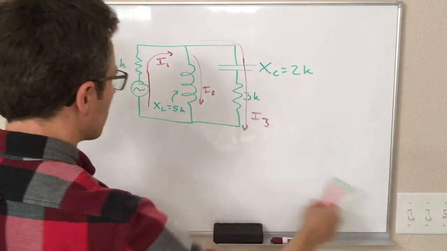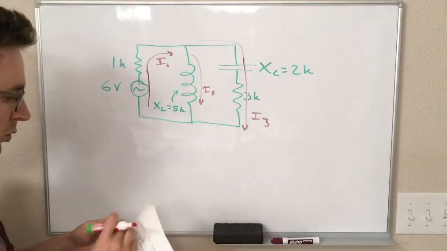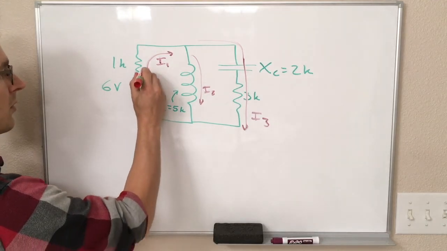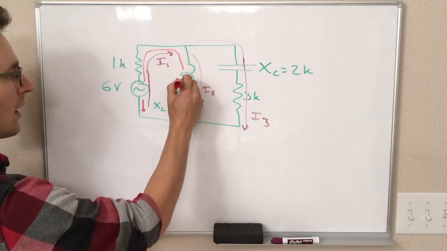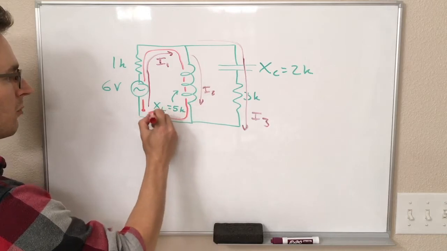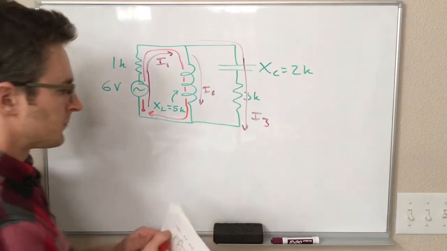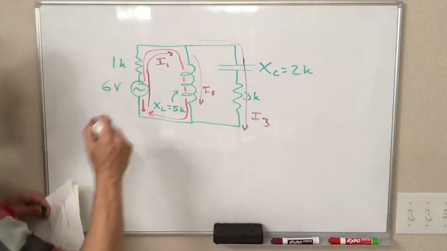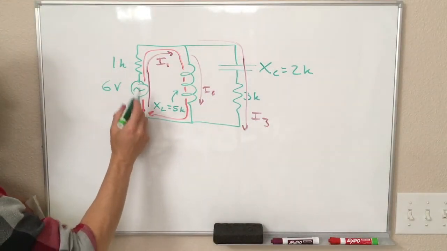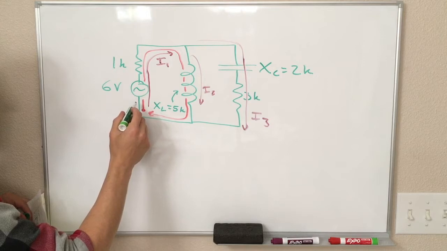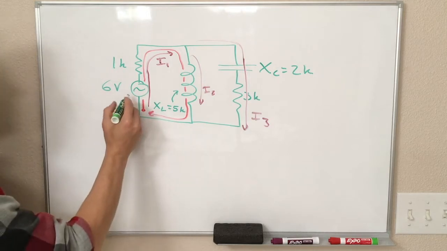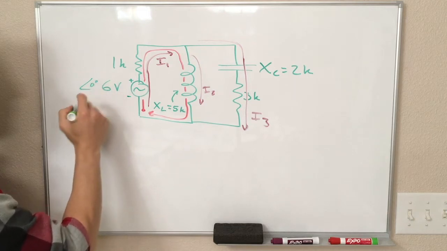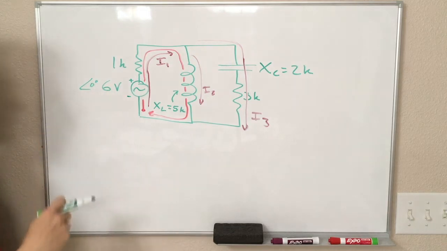So to start with, let's do our little loop around the left part of the circuit. So starting here, going up around like that, and back to where we started, right? So when we do that, going across our voltage source, we're assuming that our voltage source is connected like negative and positive with respect to this 0 degree phase.